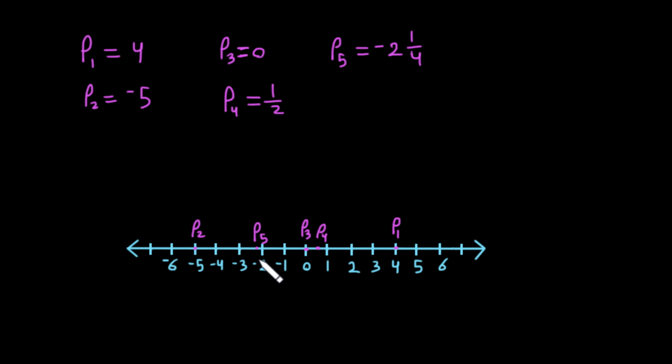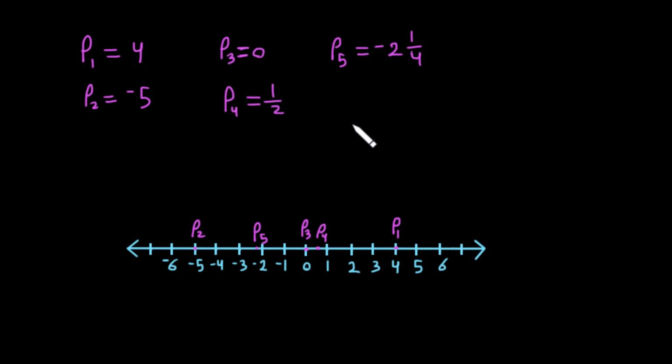Here it's a quarter, here a half, here 3/4, and here it's 1. So here -2, -2 quarter, -2 half, -2 3/4, and here -3.